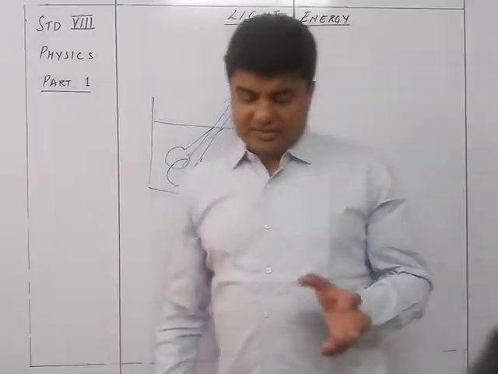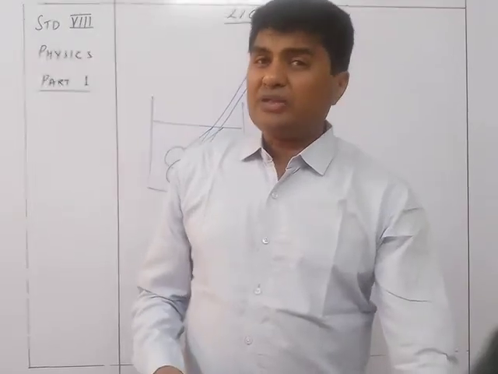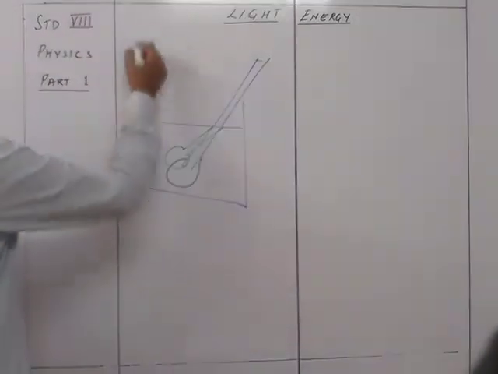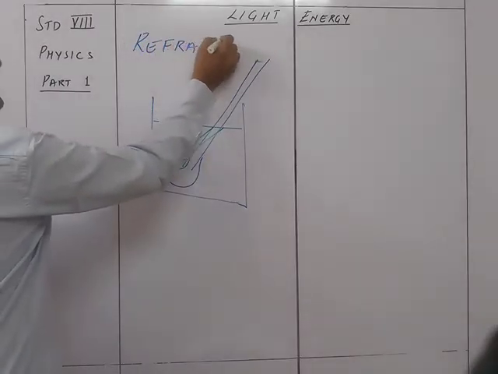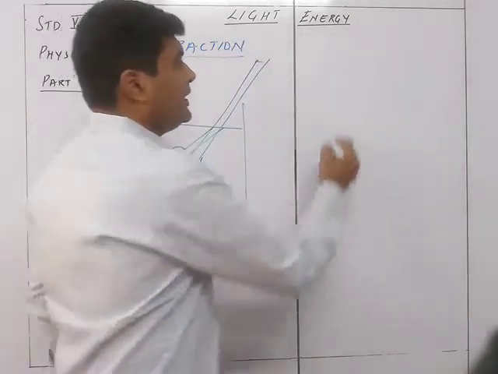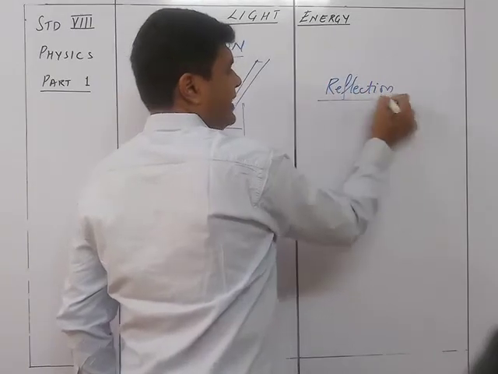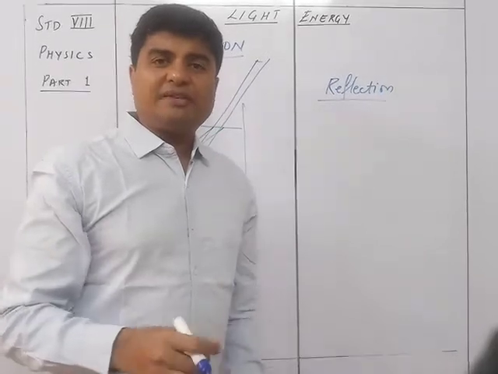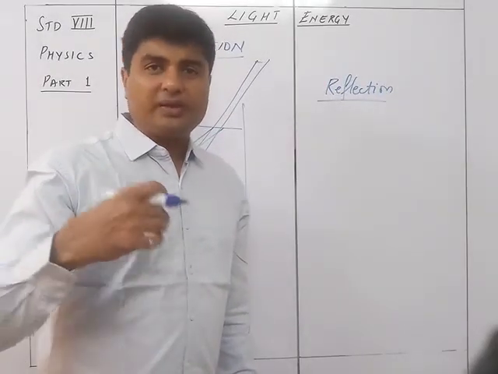So what is this? This particular phenomenon by which the path of the light is getting changed is nothing but refraction. See, in the earlier class, that is in the 7th standard, you had learned something about reflection. So reflection was that the light ray, after reflection, follows an angle exactly the same as the angle of incidence.